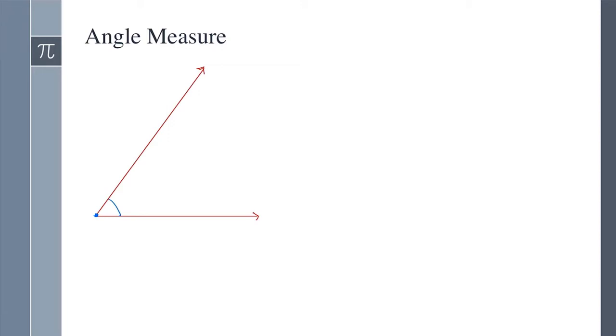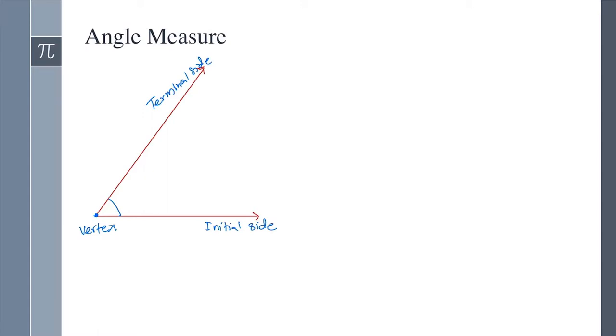So we will have one fixed side, which is called the initial side. Let's say this is the initial side of this angle, and this common point is called the vertex, and the other side is called the terminal side.